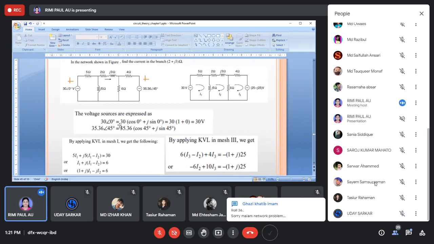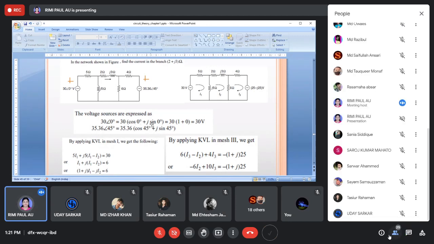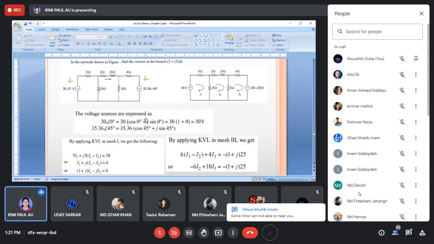This is the magnitude and this is the angle, so you multiply by cos θ plus j sin θ. Sin 0 is 0, so the j part is 0, and you can write 30 volt.